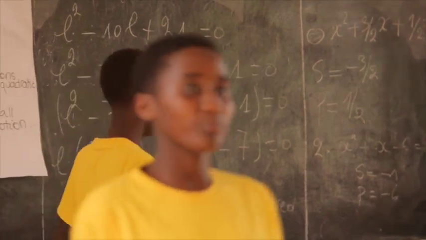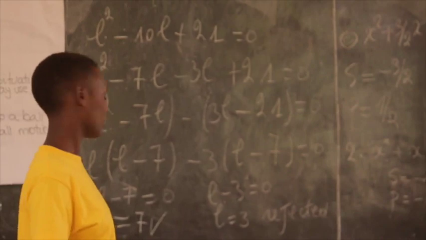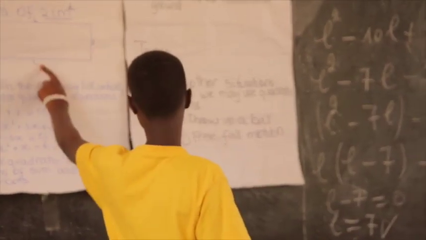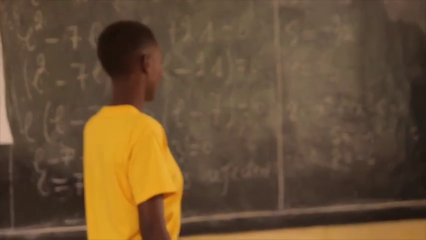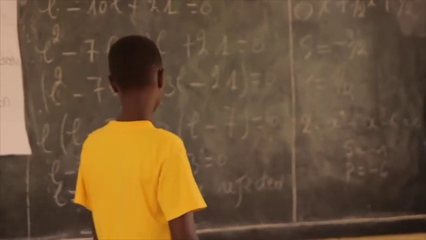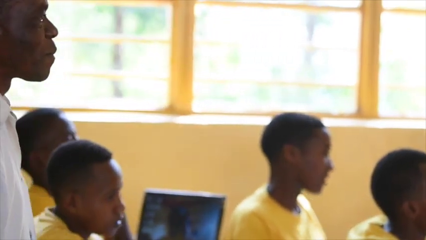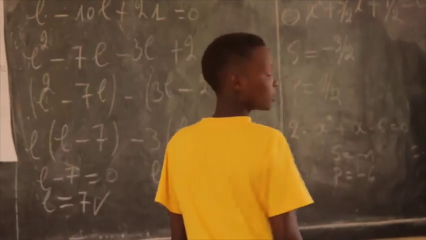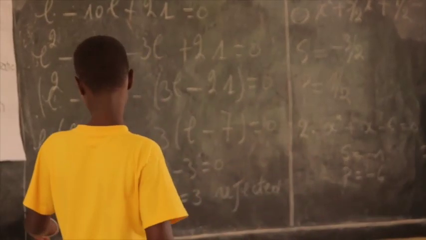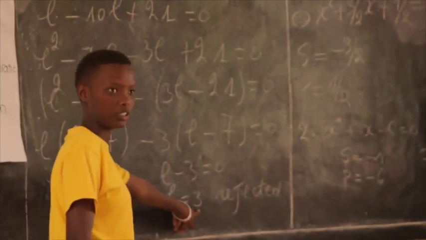From which step? My answer to that question: length here is bigger than the width. The reason 3 is rejected is that my answer length is 7 because it is greater than this 3.